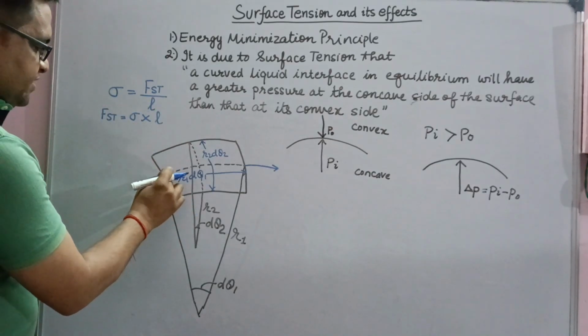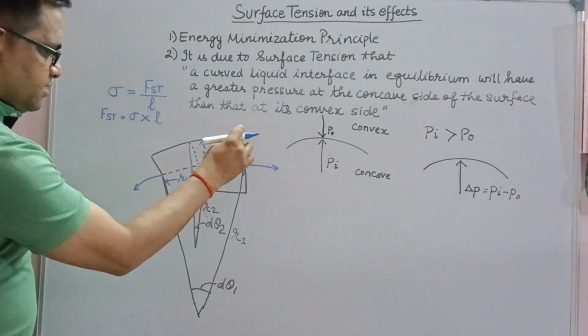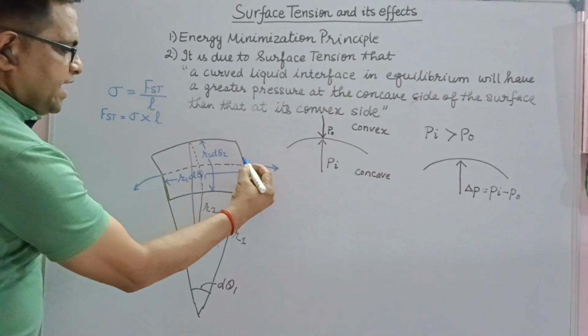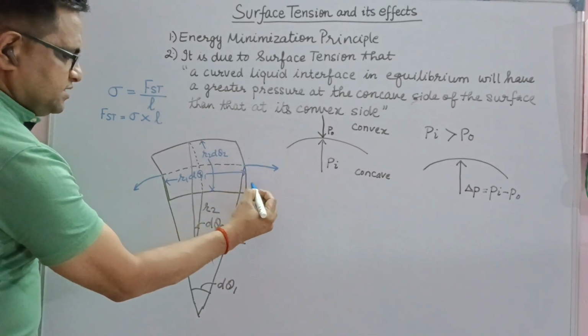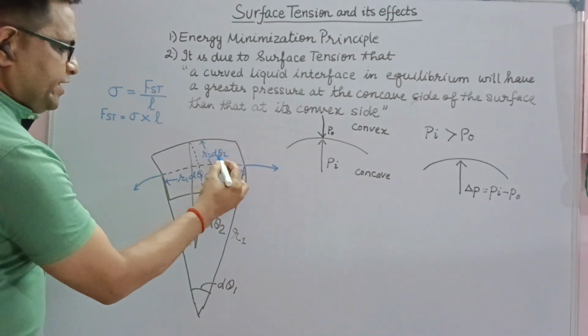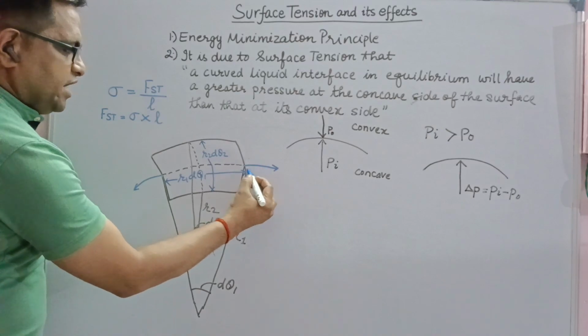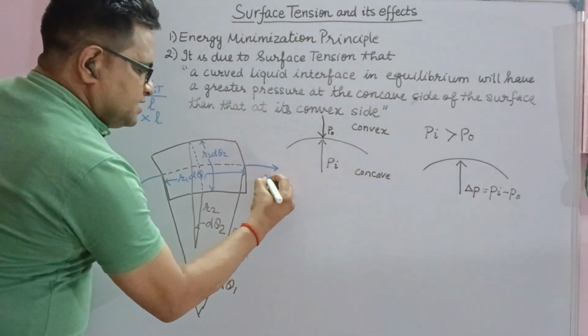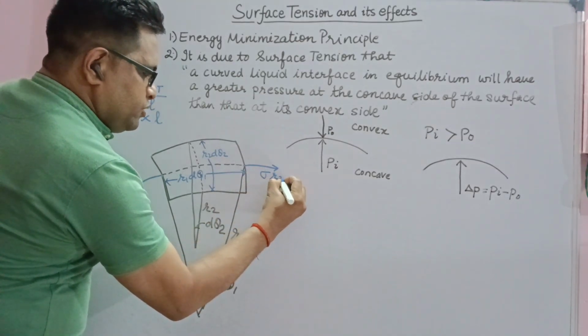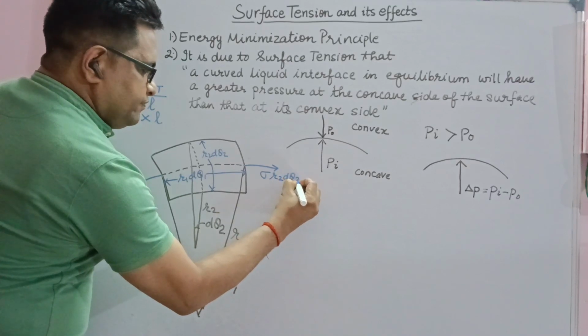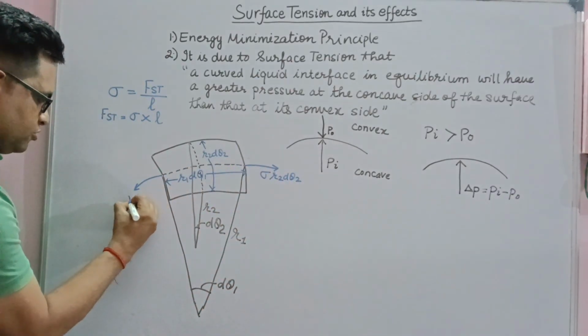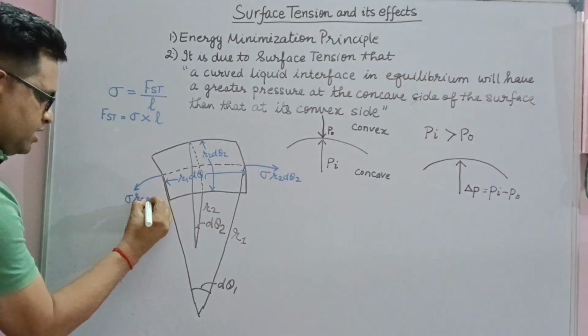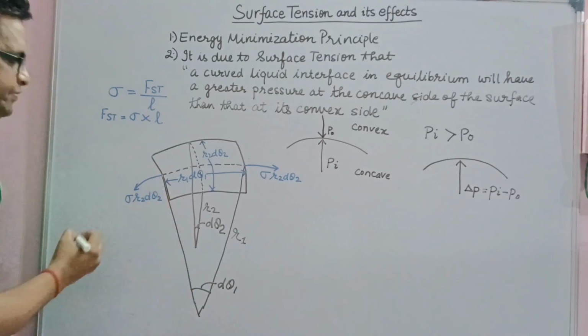In this case, we will take the surface tension that will be acting overall on this length. This length is r2 d theta 2. So the surface tension force that will be acting here will be sigma r2 d theta 2. Similarly, along this side also, sigma r2 d theta 2.